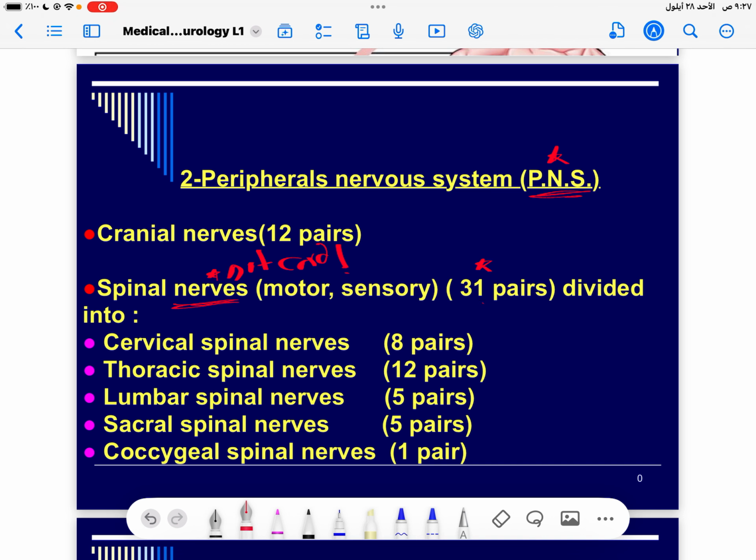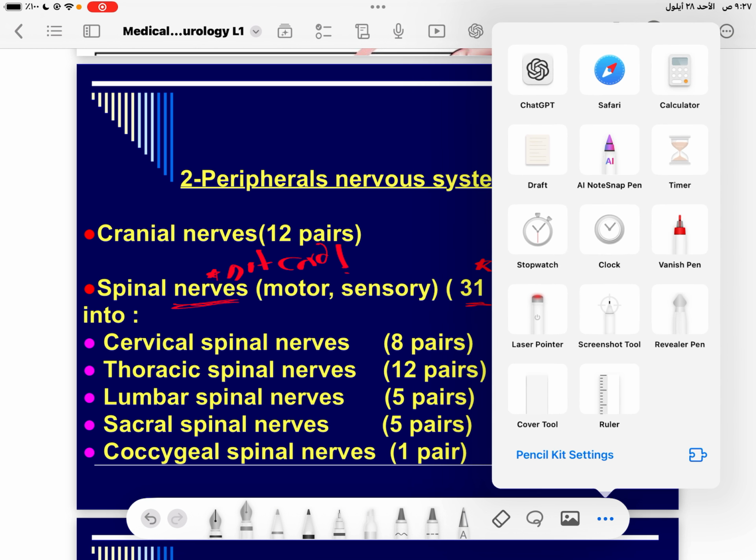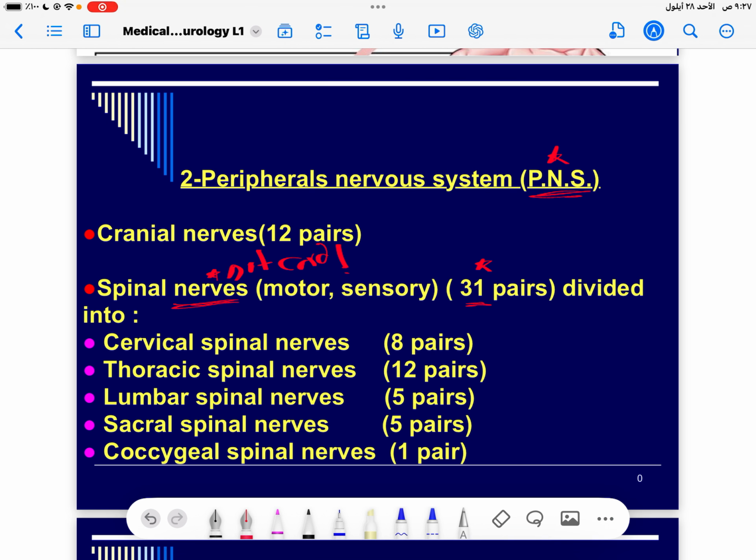At the cervical area, we have the cervical spinal nerves, 8 pairs. At the thoracic, we have 12 pairs. In the lumbar, 5, the sacral, 5, and the coccygeal, we have 1 pair. So total 31.